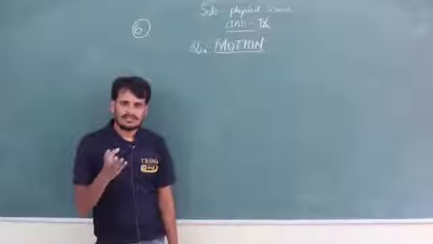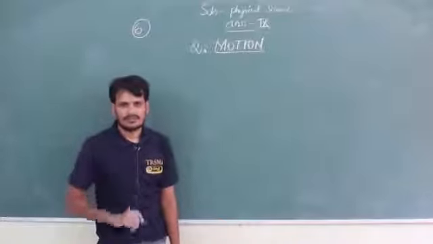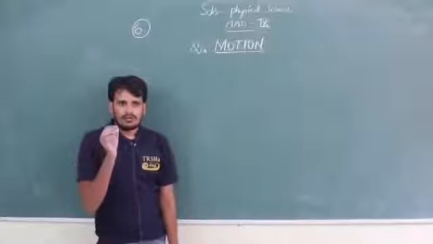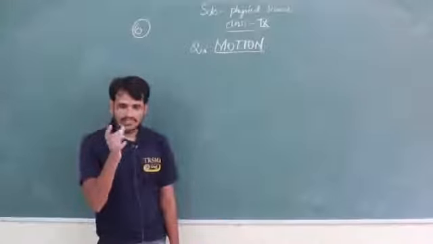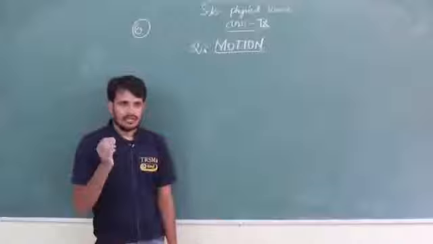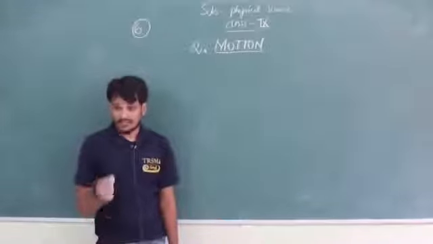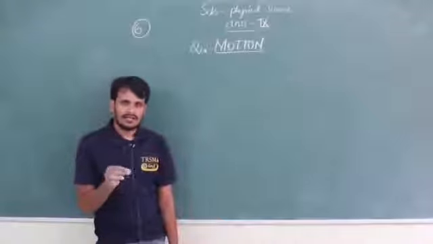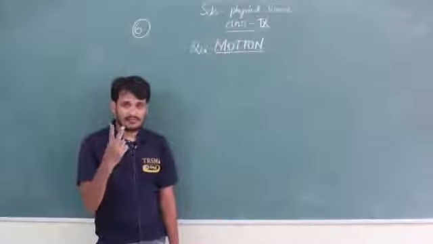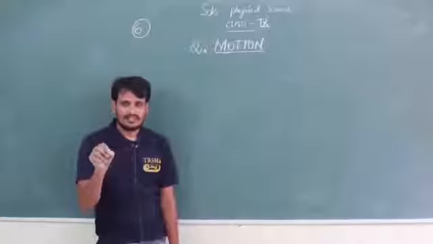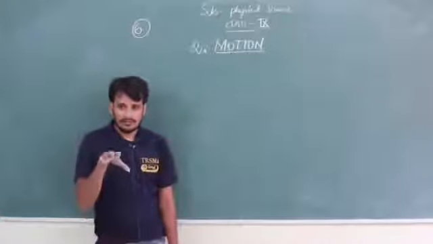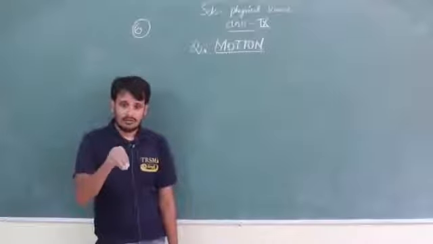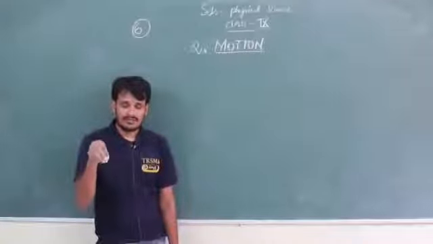For that we need some other quantities: displacement is important here, acceleration is important here, time is important here. If you want to calculate acceleration, acceleration again has two factors, the initial velocity and the final velocity. You should know what initial velocity and final velocity are, and how to take their values.